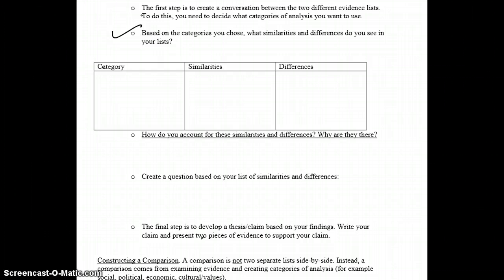Then you mull that over and you try to figure out what the points of similarity and difference are and how you can make sense of them. Along the way, you may ask a question: why are they similar and different? How does this make sense? And the final step is to develop a thesis or claim based upon your findings.